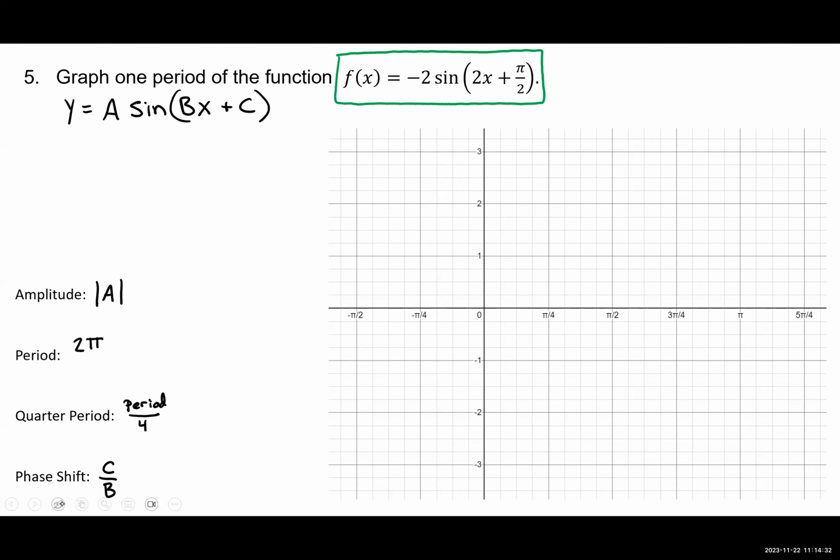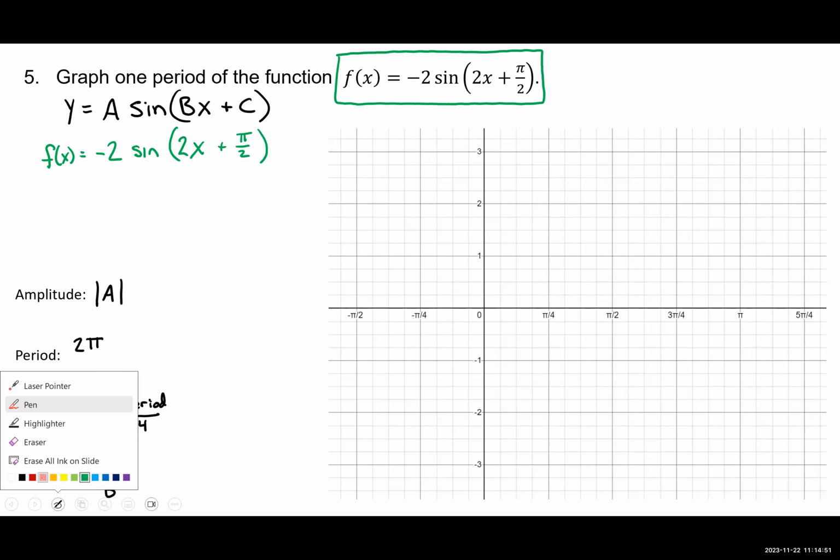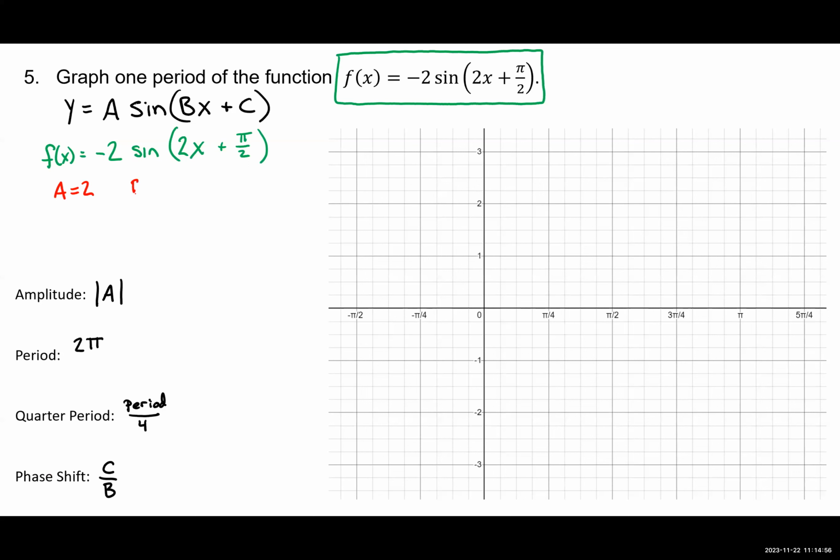And for this problem we've got f of x is equal to -2 sine of 2x plus pi over 2. So a is 2, b is 2, and c is pi over 2. There's the a, the b, and the c.